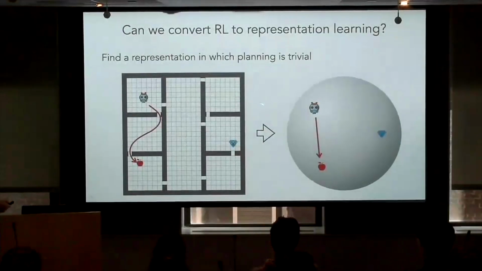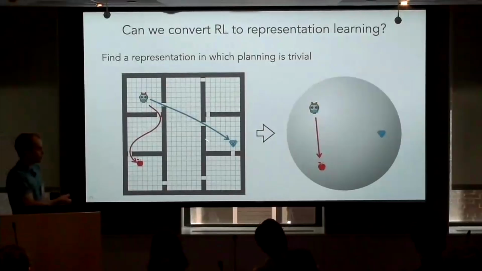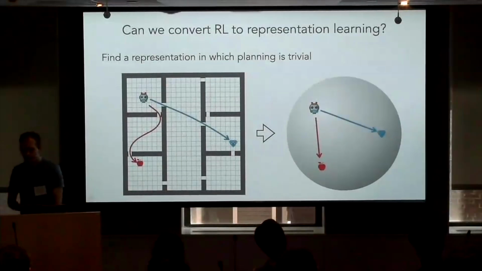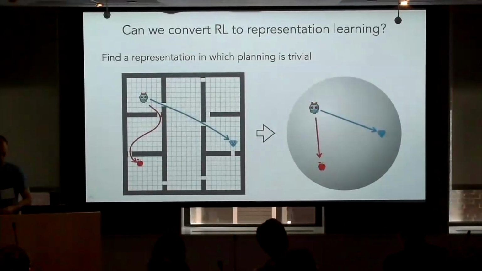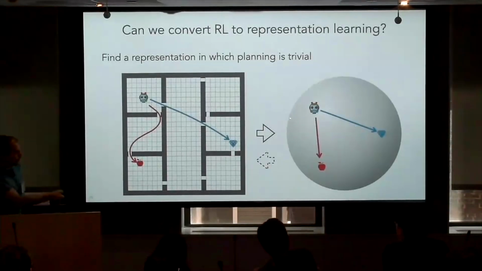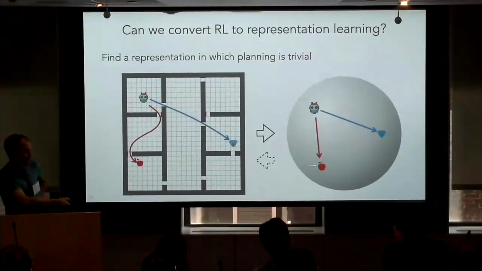So the optimal plan to go from the robot's location to the apple in representation space is a straight line, but in actual state space is maybe a more complicated path. And the optimal plan to go to the diamond is also a straight line. So we're linearizing control. Okay. If you could do that, you could plan by finding the straight line and then doing the backwards mapping to figure out what path through state space that would correspond to.